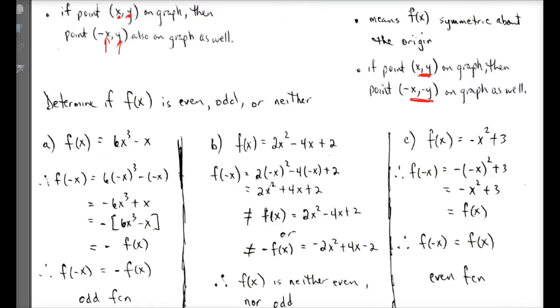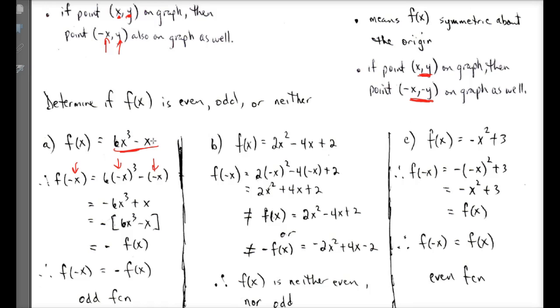Now, how we actually test this is quite simple. All we're wanting to do is, instead of having f of x here, we replace everywhere where we see x for our function with negative x, as you see in this first example. And what we want to see is, do we get the original function back again?